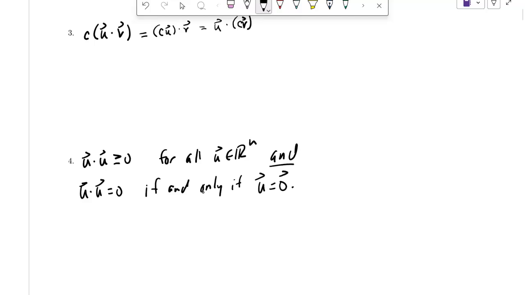No. My functions look like e to the x, or x squared, or sine of x, or cosine of 3x. Those aren't components. If I want to extend this notion to spaces that aren't our Euclidean vectors, then I need to have notions of what I mean by length being non-negative and the only thing having length 0 is 0. That's important later.